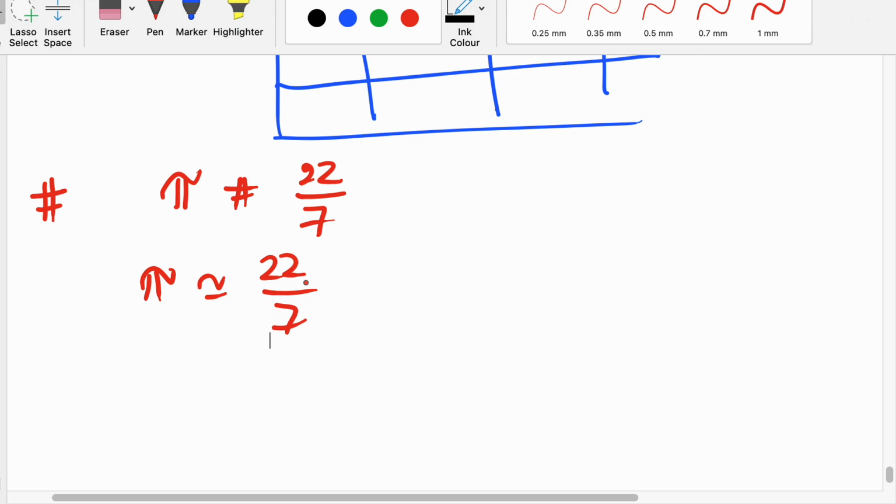It's not exactly equal. It was confusing because since our childhood we learned that pi is equal to 22/7, but that is wrong. Pi is not exactly equal to 22/7.